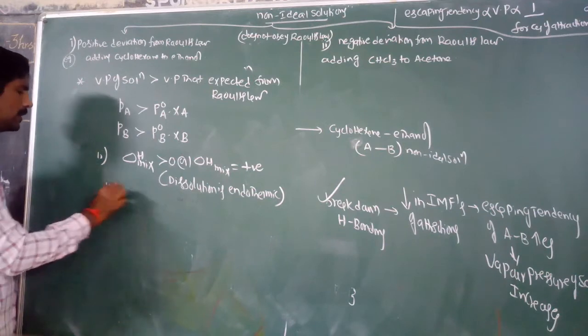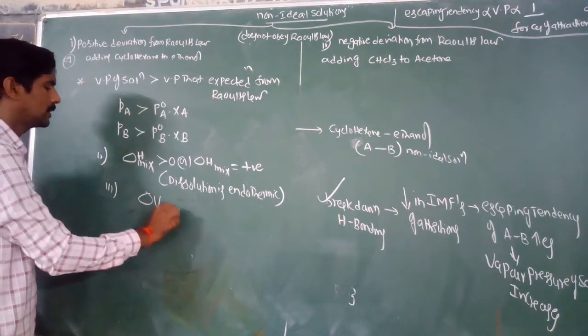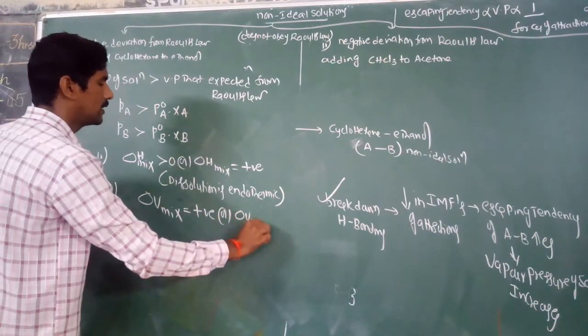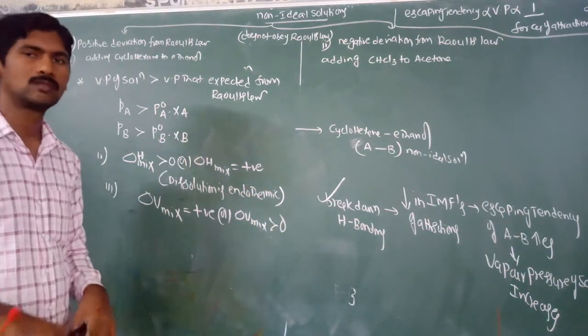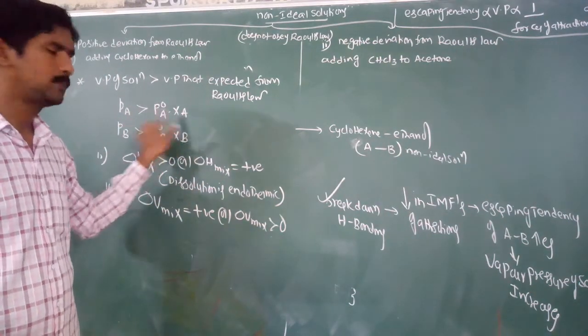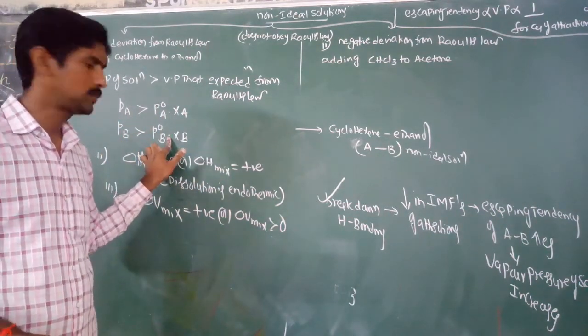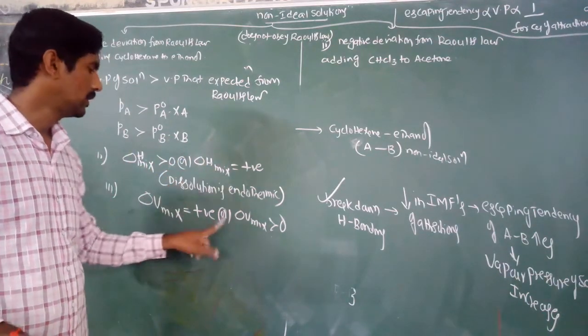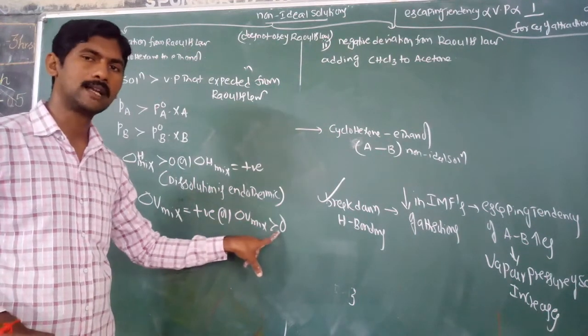Very similarly, delta V mixing is also positive, or delta V mixing is greater than 0. So for positive deviations, blindly PA is greater than P0 A into XA, PB is greater than P0 B into XB, delta H mixing is greater than 0, delta V mixing is also greater than 0.